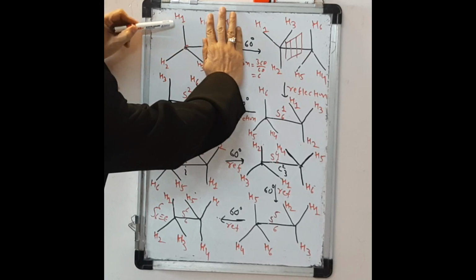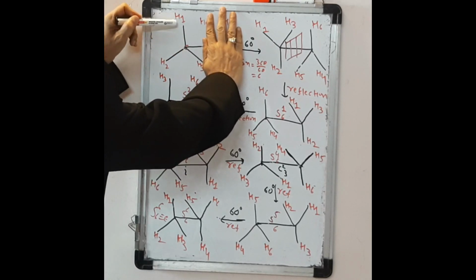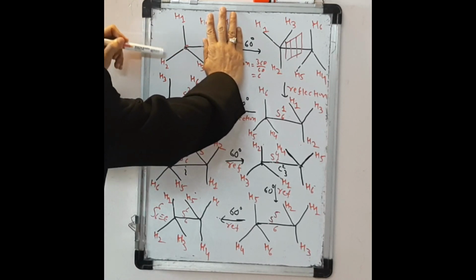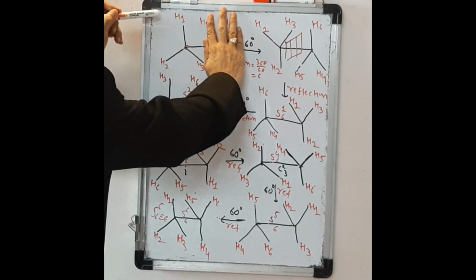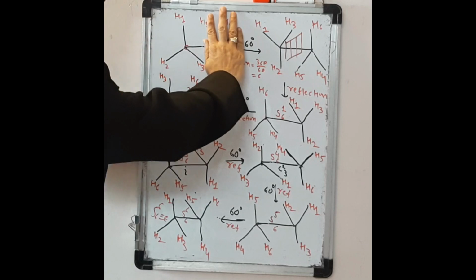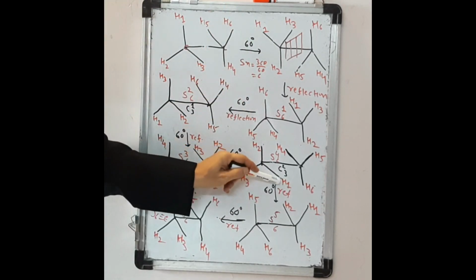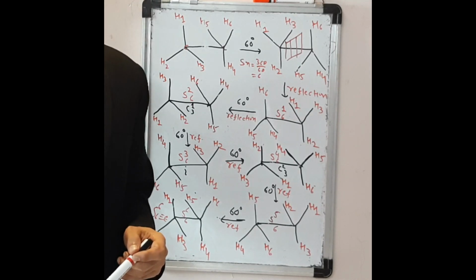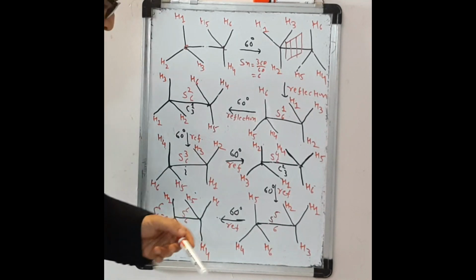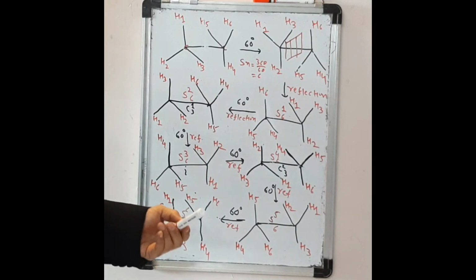If the original configuration is rotated by 120 degrees, then 1 is shifted to 2, 2 to 3 and 3 to 1. Another rotation by 120 degrees leads to this configuration 2, 3, 1. So S46 is also termed as C23. And finally S66 is equal to E.